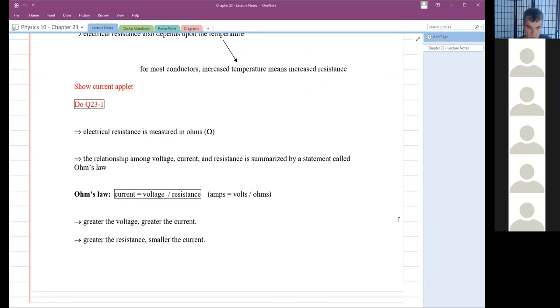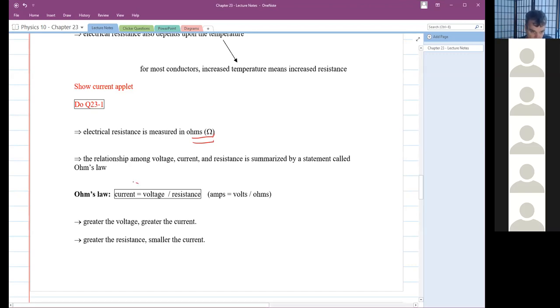And an ohm is written as a Greek omega. And somebody named Ohm was really the first person to sort of study the relationship between current, voltage, and resistance. Hence, he got a unit named after him, the ohm, and Ohm's Law is named after him.